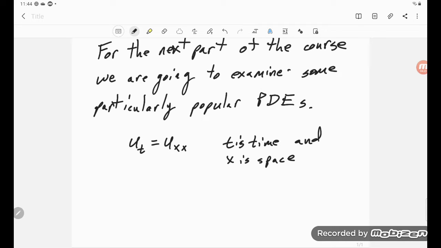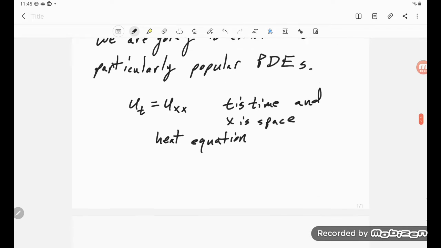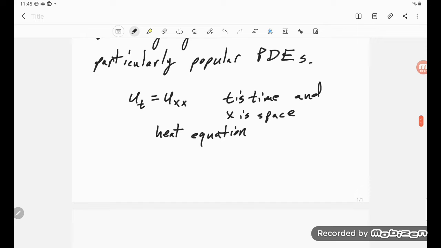So we'll look at something like this. This is called the heat equation, and we'll see where it gets its name in a little bit. So that's the heat equation.